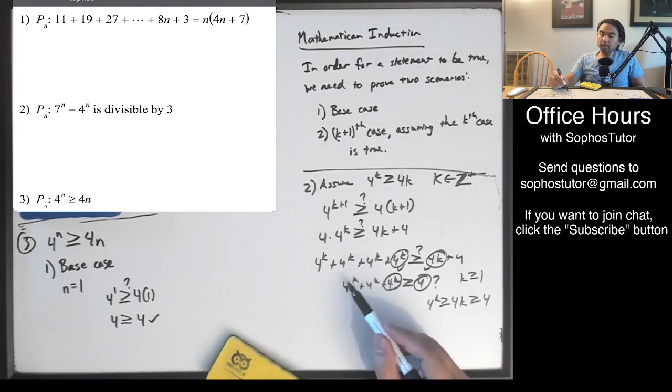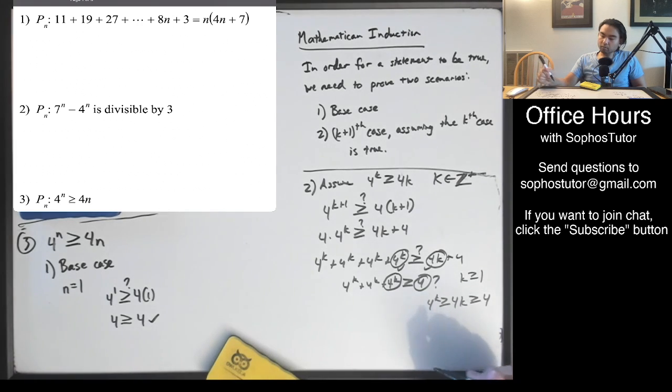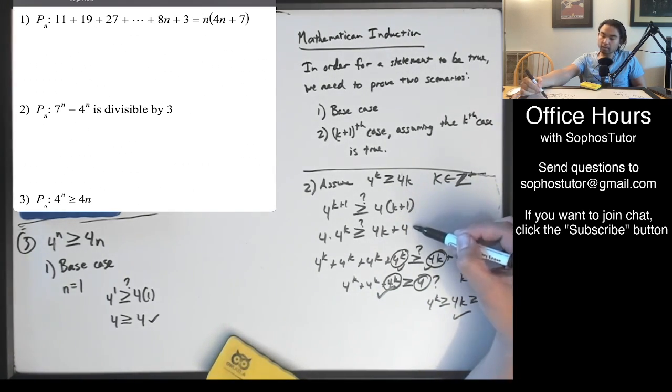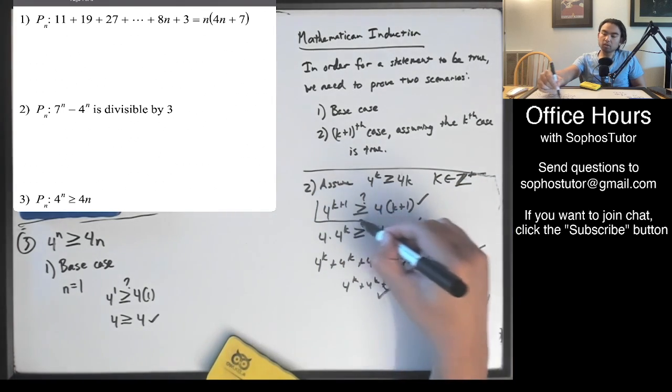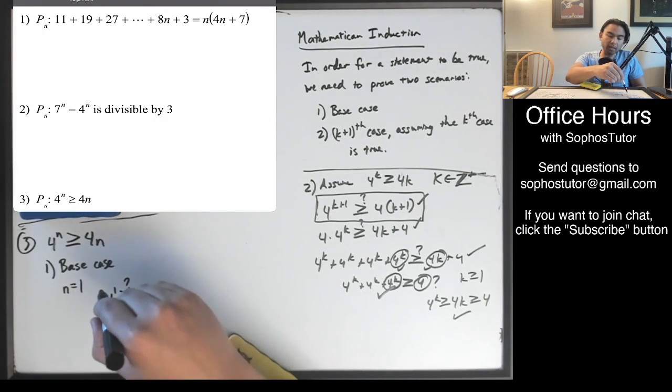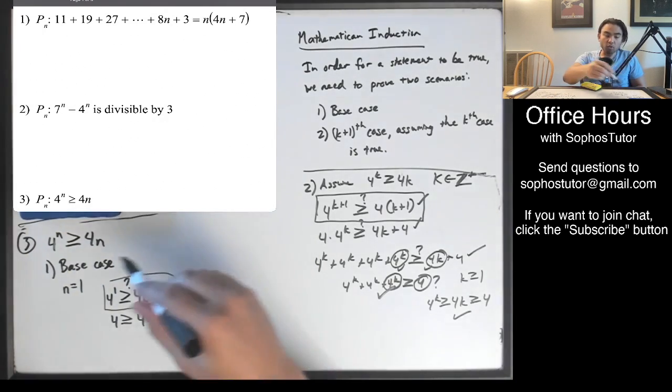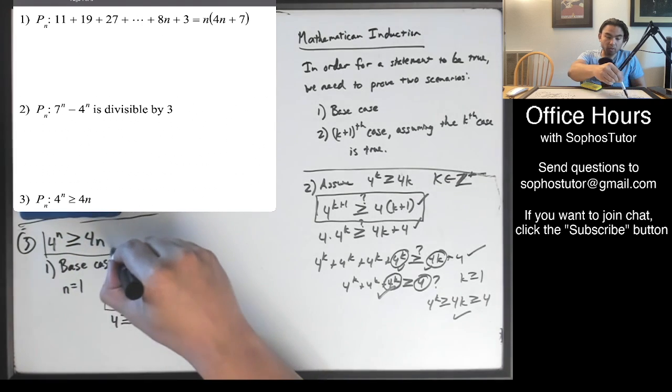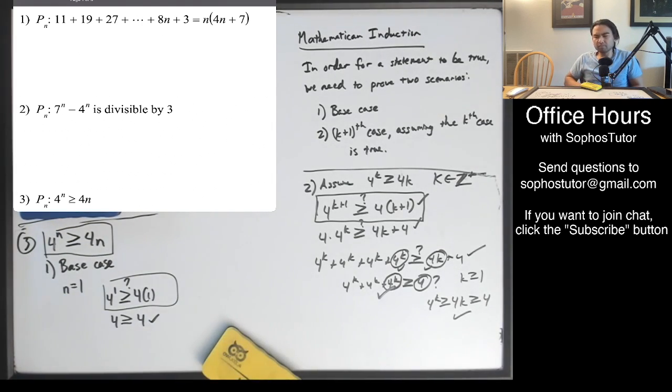And we'll know that 2 times 4 to the k will always be greater than or equal to 0. So because this statement is true, this statement is true, which means that this statement and this statement are true. So the k plus 1th statement is true. We've proven that the base case is true. So therefore, we know that 4 to the n will always be greater than or equal to 4n. So I think that works out for us.